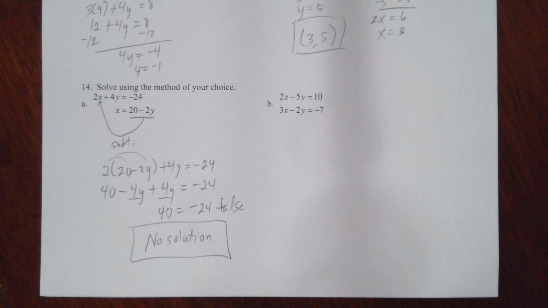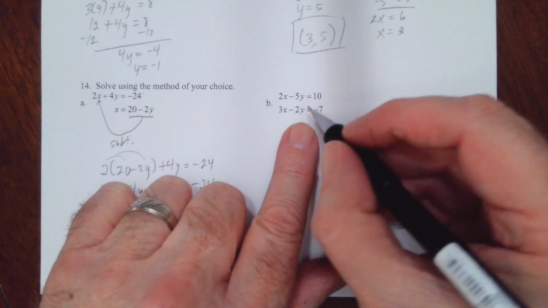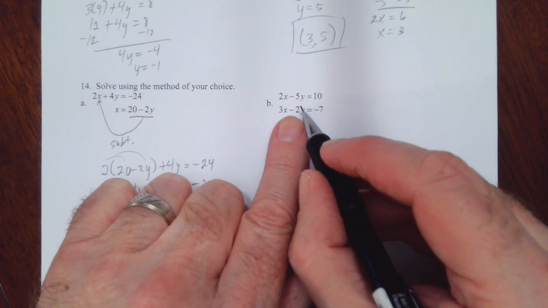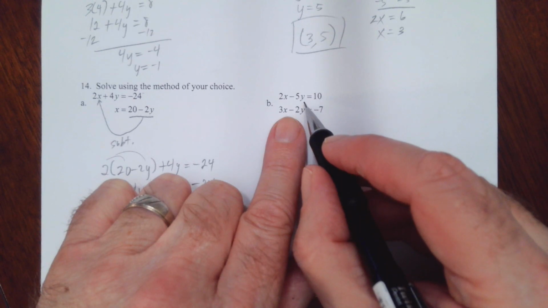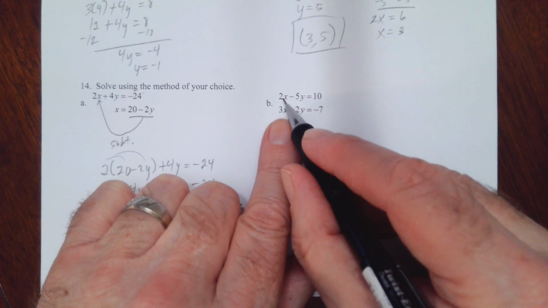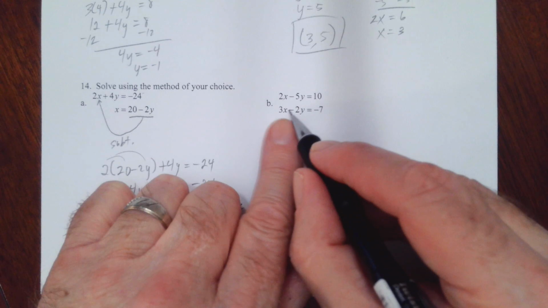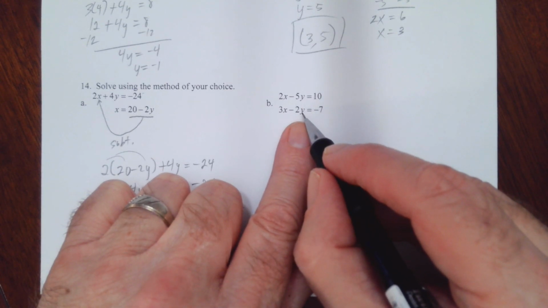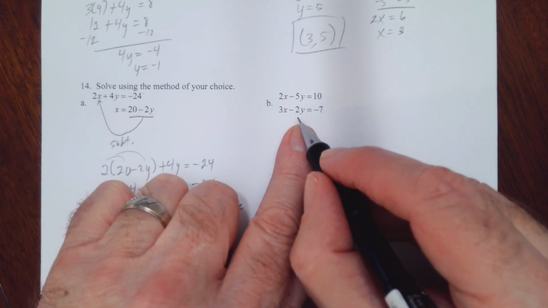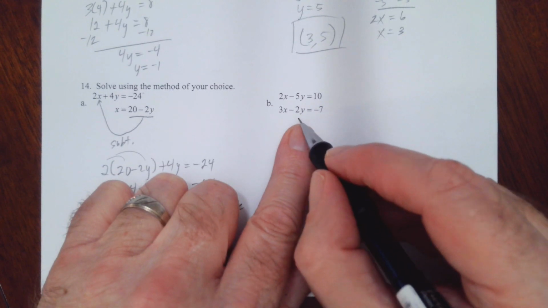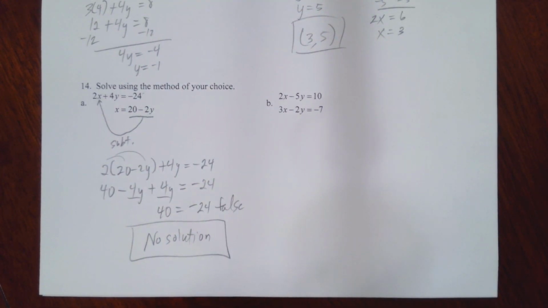Now, if you look at B, there's not really a nice choice as far as we can't just multiply one of the equations by something. Notice nothing times 2 is going to give us a negative 3x. Nothing times negative 2 here is going to give us a nice plus 5y. Oh, excuse me. So we're just going to go ahead and multiply each of the equations by something.